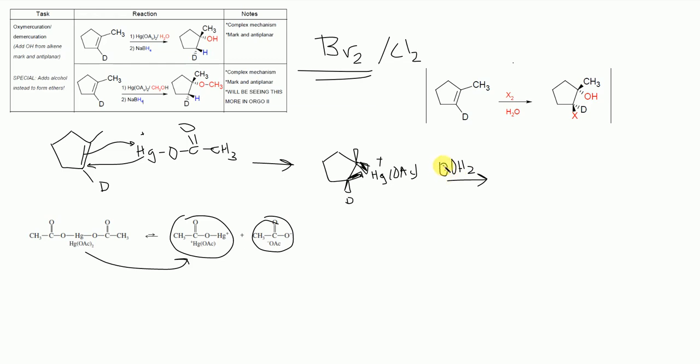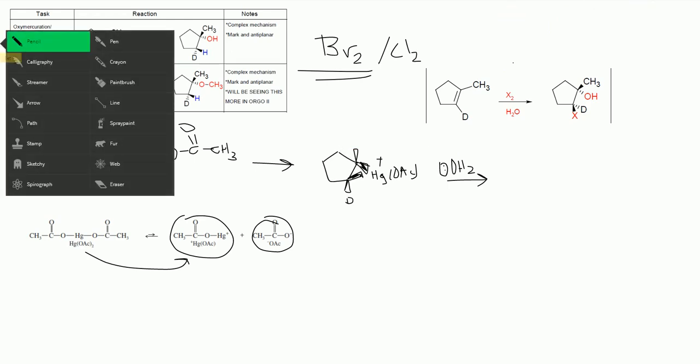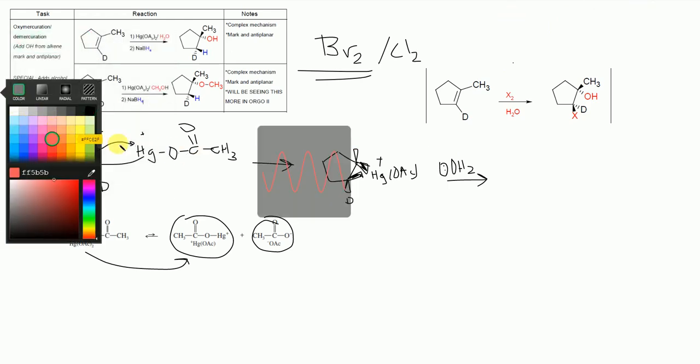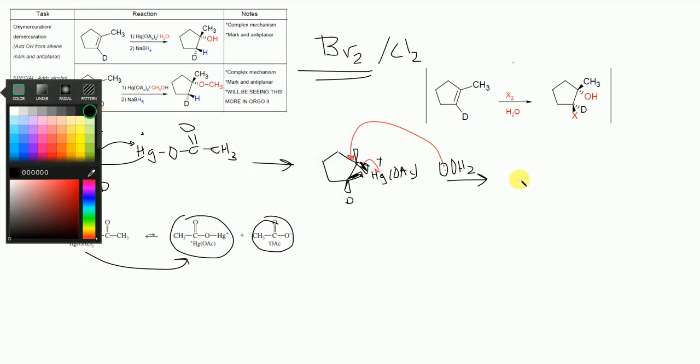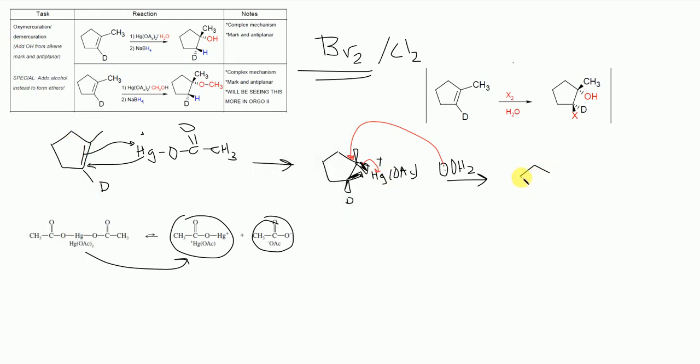The water is going to attack from the more substituted side. Let me use a red pen so it's not confusing. Just as before, we explained that this carbon is more partially positive than the other one, and this is going to break off the Hg group, and we're going to get the ring.